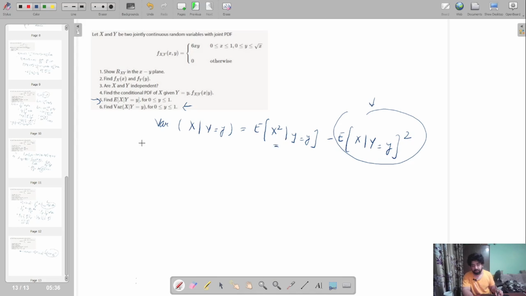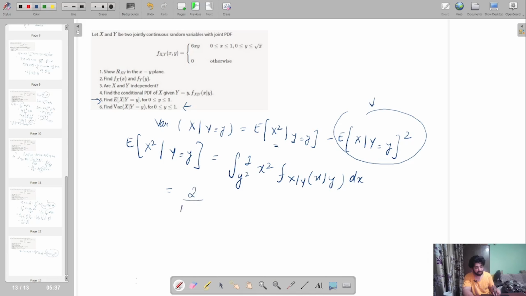So I will write the formula for calculating E[X²|Y=y] for a specific value of y. This will range from y² to 1 of x² f_{X|Y}(x|y) dx. Once we have this, we can write the function as 2/(1 minus y^4) going from y² to 1 of x³ dx. Now that we have this, we can solve it.